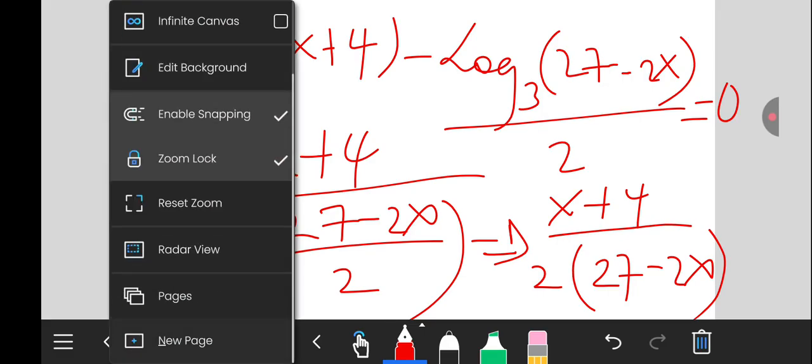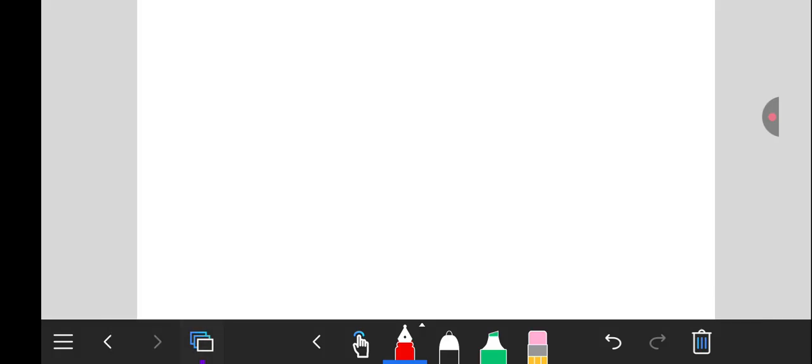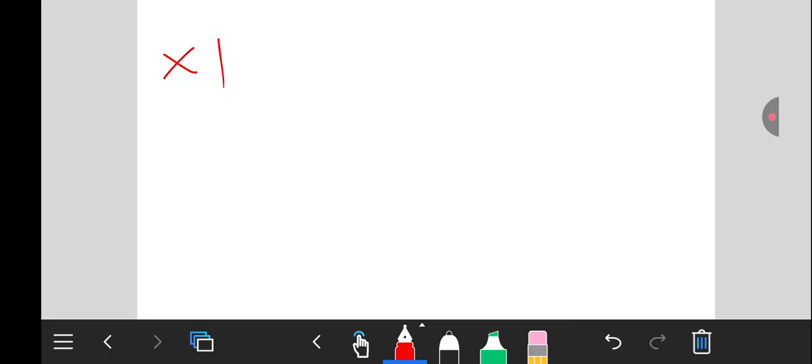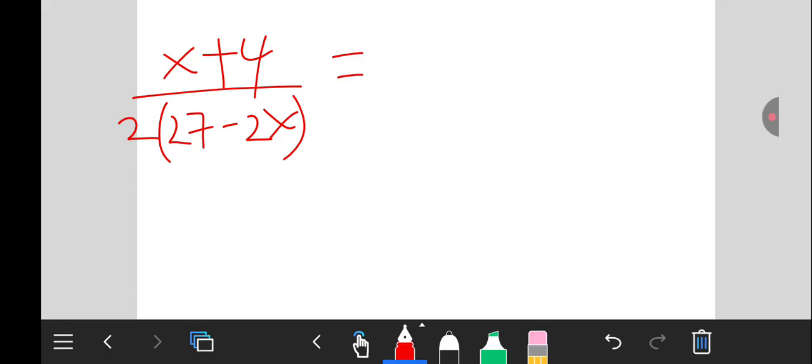Alright, so that's what we have. So we have x plus 4 over 2 open brackets 27 minus 2x, it was in fact log base 3, is equal to 0.